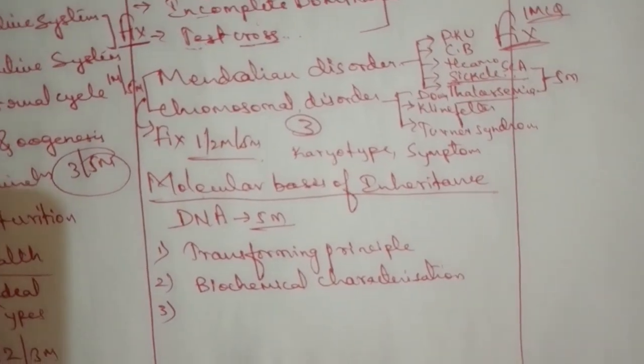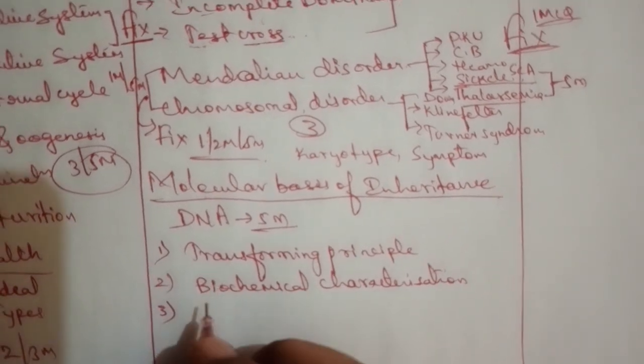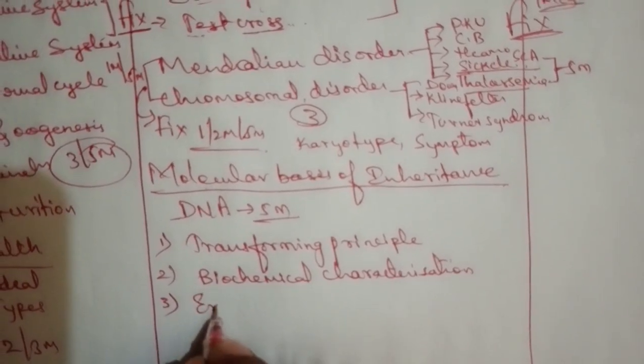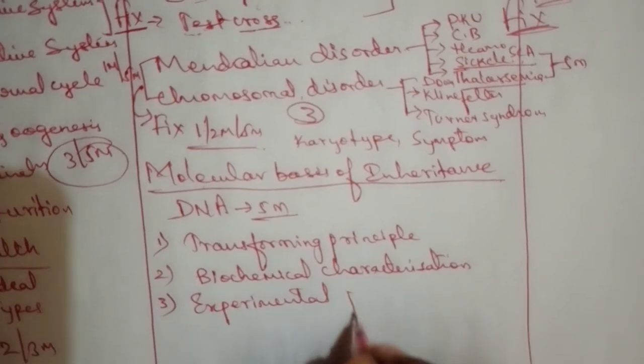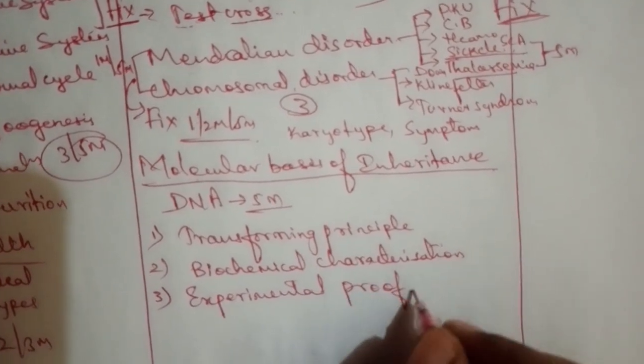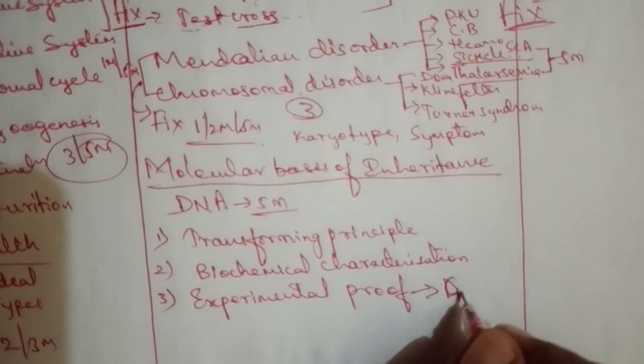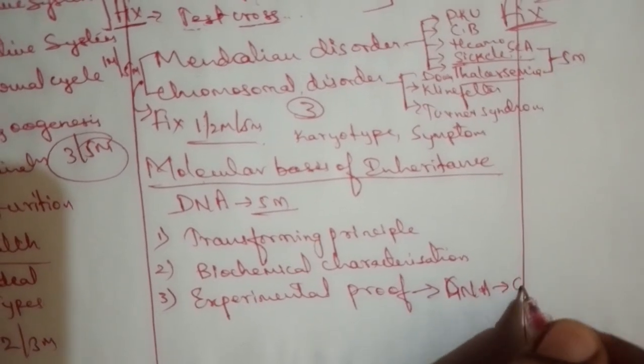Whereas the third kind of experiment, they can ask as experimental proof for DNA as a genetic material.